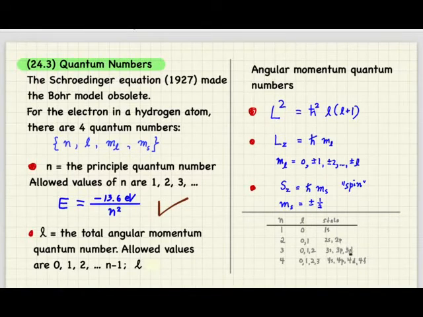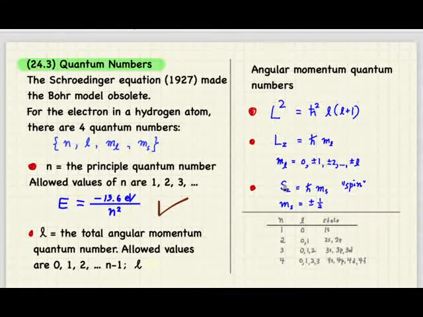And the D states have 5 possible states, 0, plus or minus 1, plus or minus 2. So the three P states are actually 3 states because of the 3 different values of M sub L, and the D states are really 5 states because of the 5 different values of M sub L.